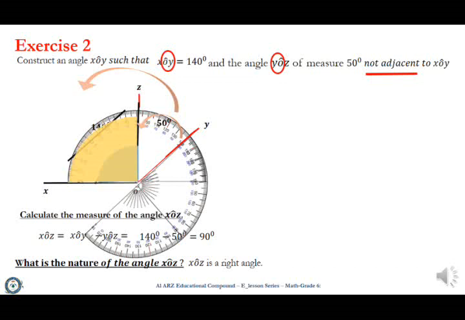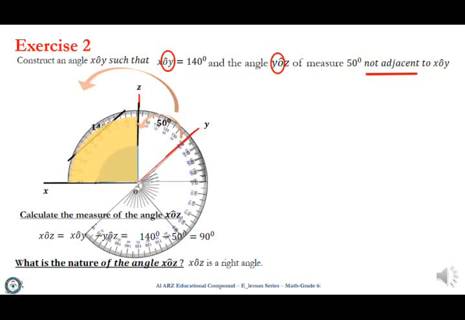Now, if they ask you to calculate the measure of the angle XOZ, this is XOZ, equals XOY, the big angle. Now, not plus, but minus.